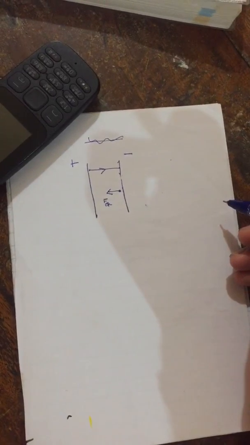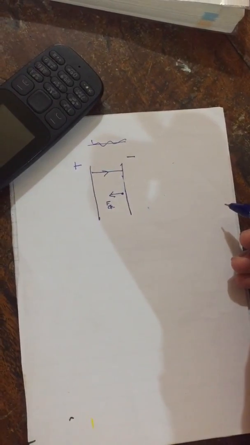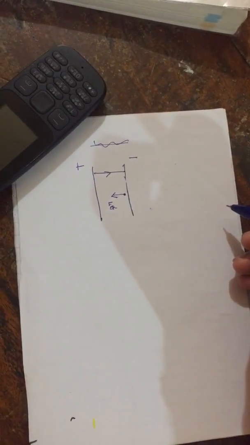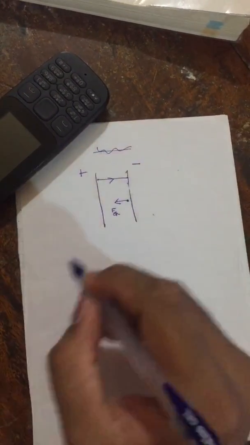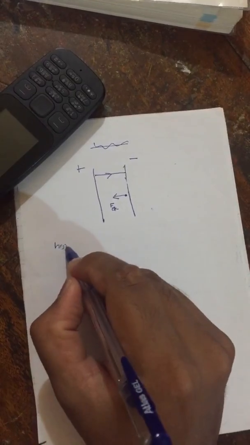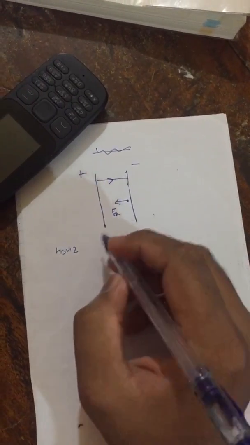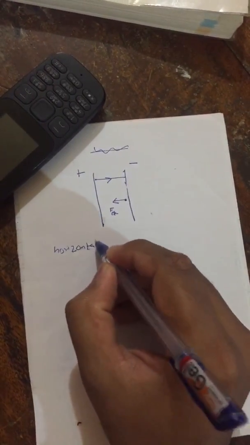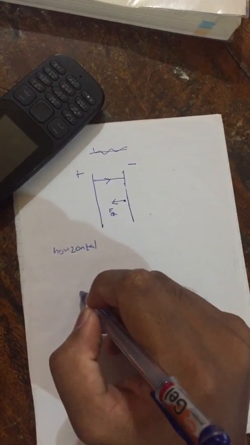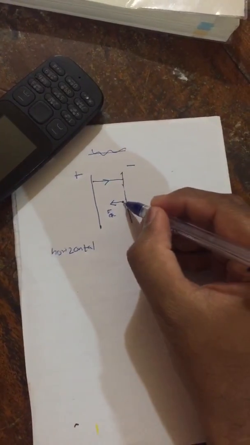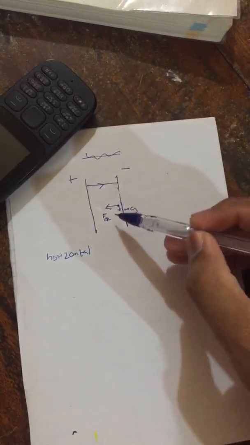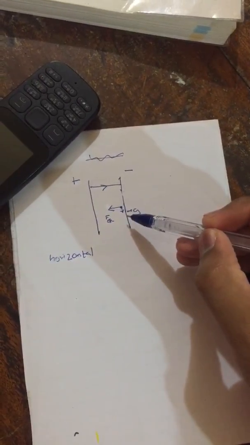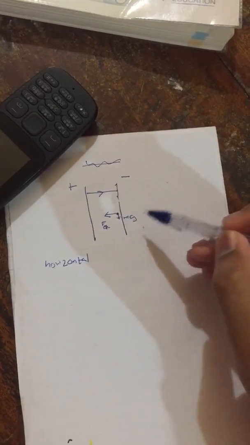The question says the electron accelerates horizontally across the space between the plates. Determine the horizontal acceleration. So everything that they are asking here in this part is the horizontal one. Why? Because there is also the force of weight acting vertically down on the electron.